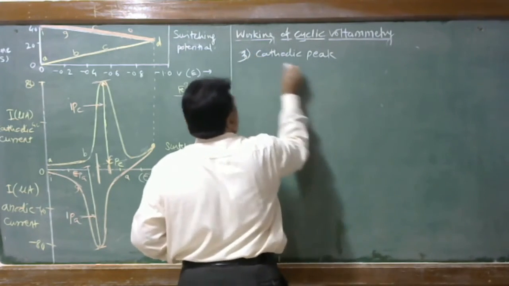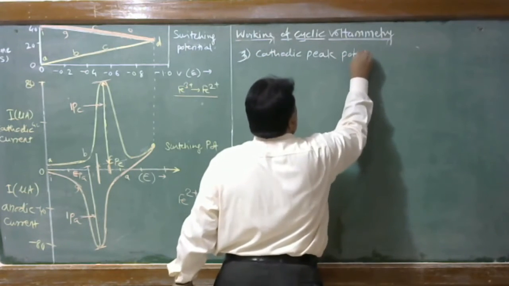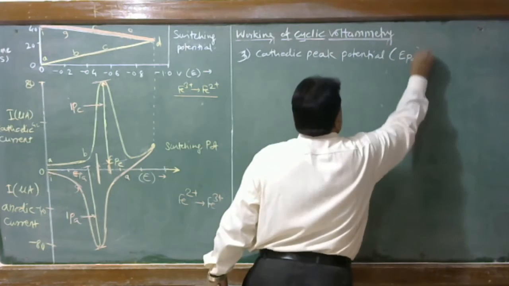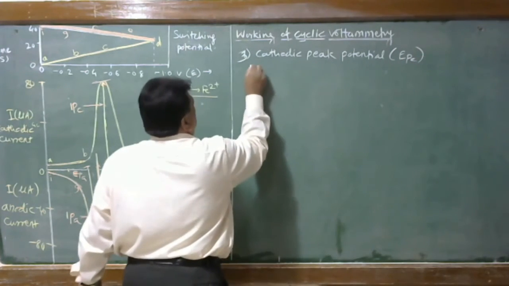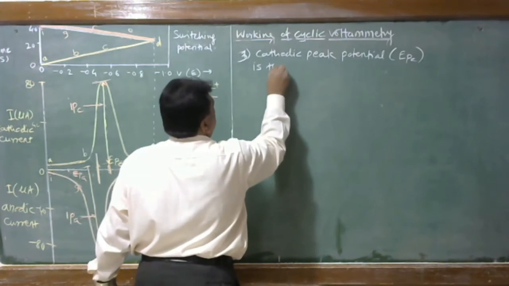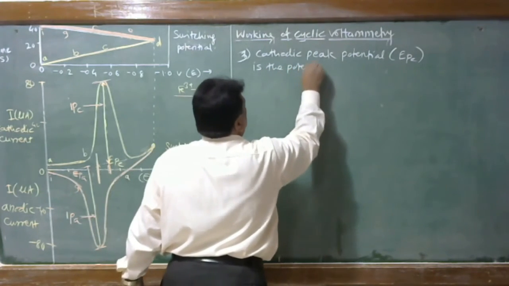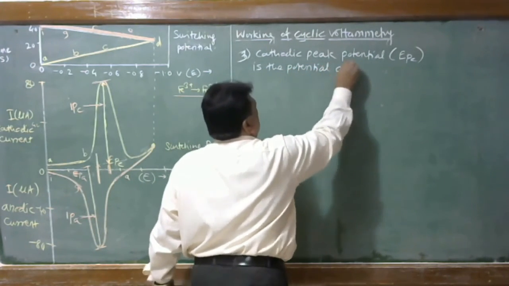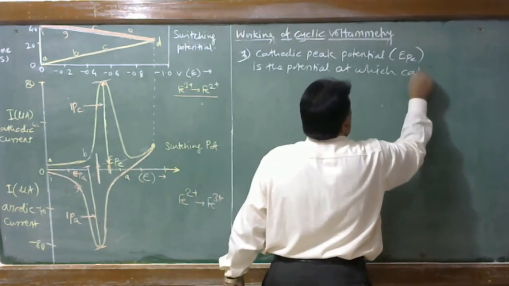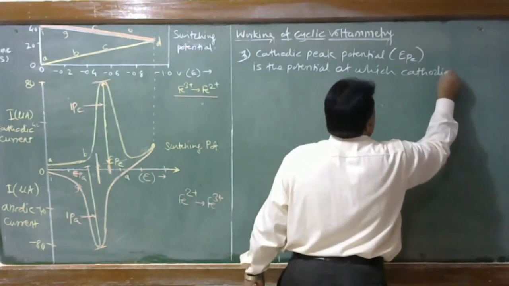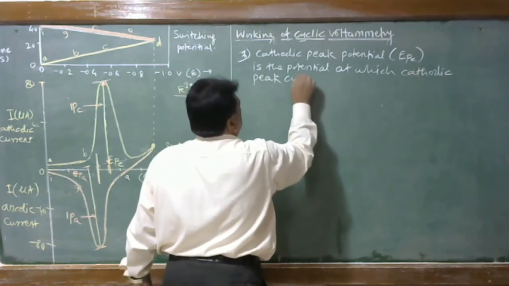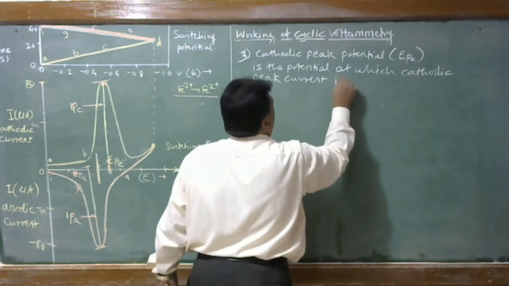Third parameter is cathodic peak potential, that is EPC. Cathodic peak potential is the potential at which cathodic peak current is observed.